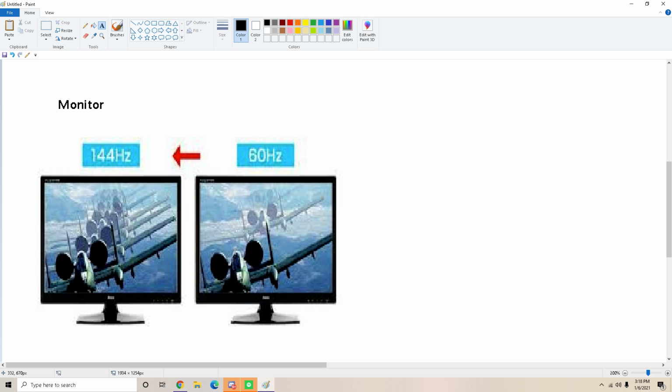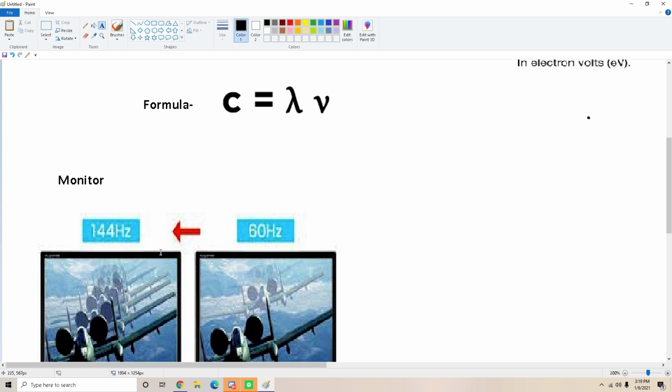This refresh has a 144 rate, and this one has a 60 hertz rate. You can see more with the 144 hertz. It's smoother and better. The higher the hertz is, the better. With 60 you can barely see it, it's basically skipping frames, while with 144 hertz you can see every single frame moving. And that's basically about hertz.